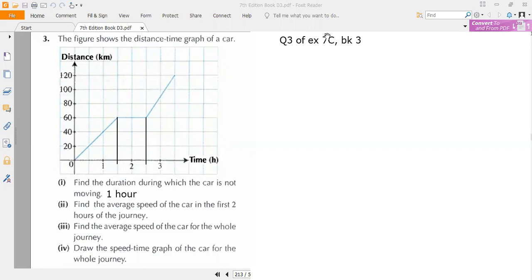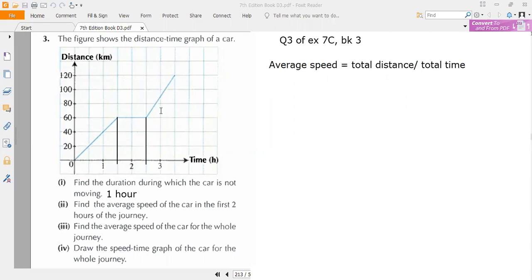I have given you the formula: average speed equals total distance upon total time. How much time was taken and how much distance was covered, that is known as average speed.